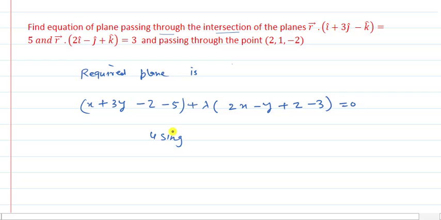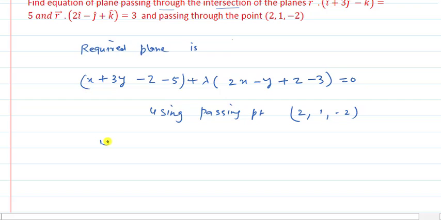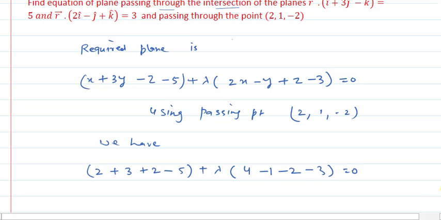So simply we will replace these x, y, z by 2, 1, minus 2. So using the passing point (2, 1, minus 2), we have 2 plus 3 minus will become plus, because when we put minus 2 over here, and minus 5 plus lambda times (4 minus 1 minus 2, I am putting x, y, z over here, and minus 3) is equal to 0.